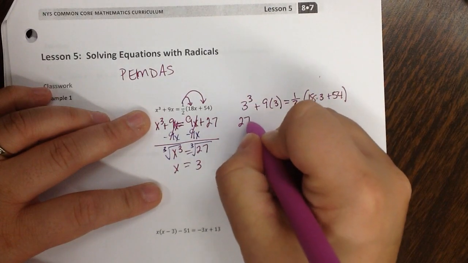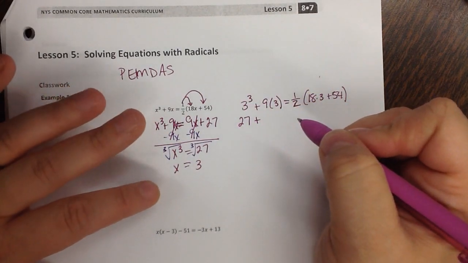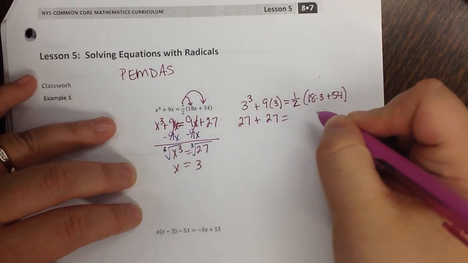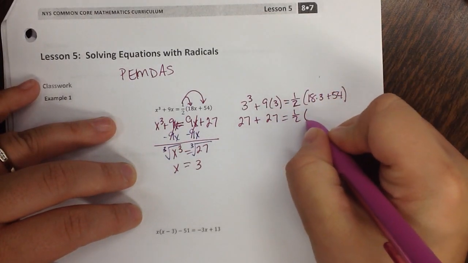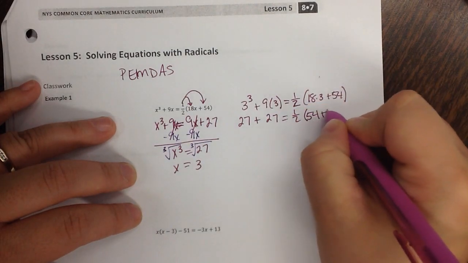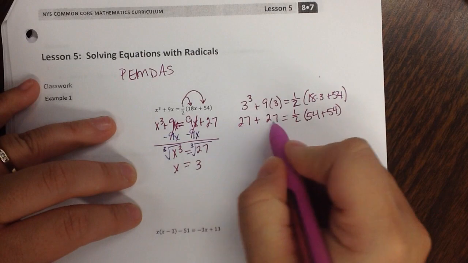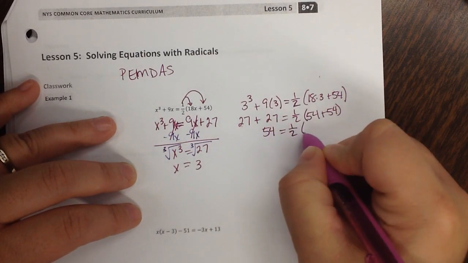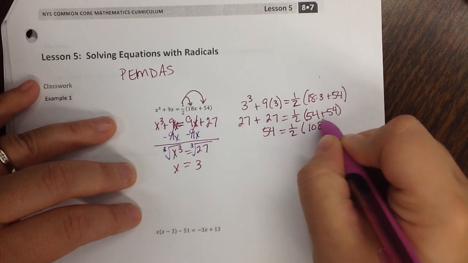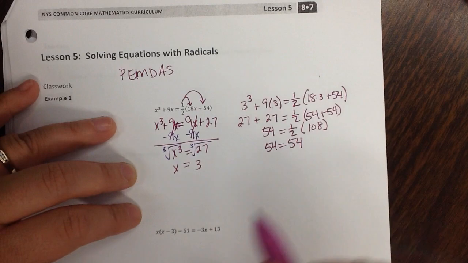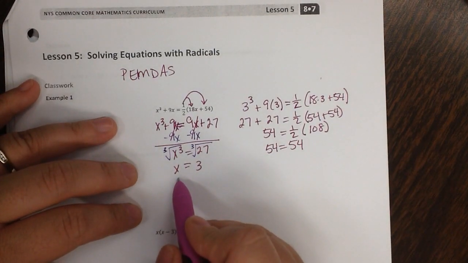So 3 to the third is 27. 9 times 3 is 27. 1/2 times 18 times 3 is 54 plus 54. So 27 plus 27 is 54. Half of 108. So 54 does equal 54. So the answer is x equals 3.